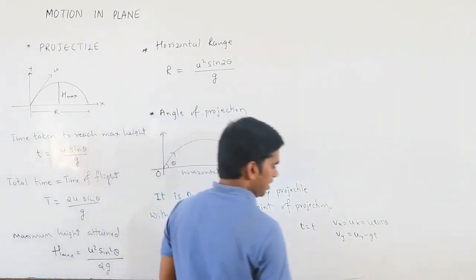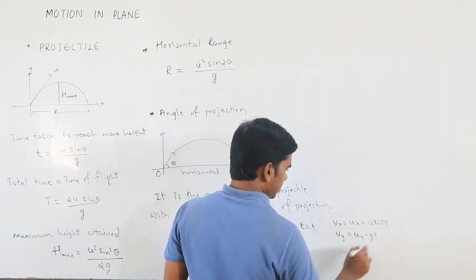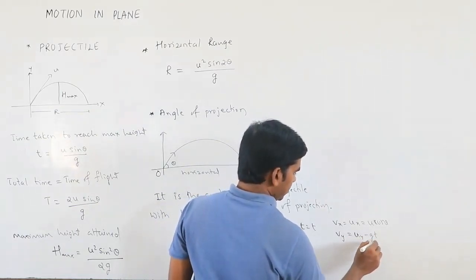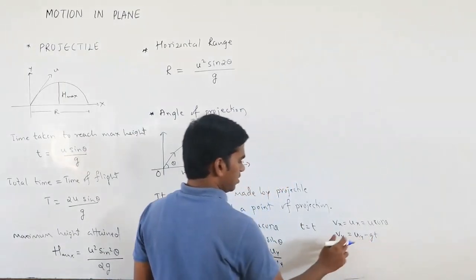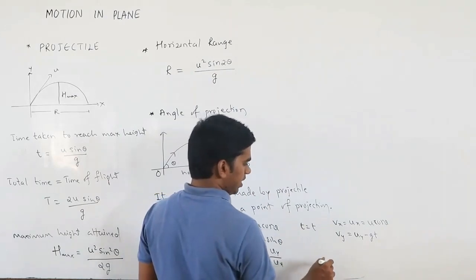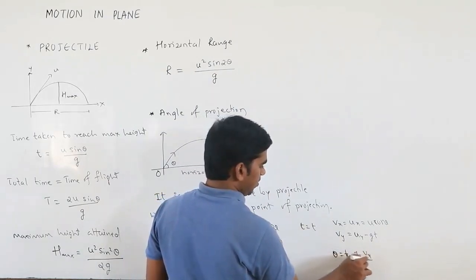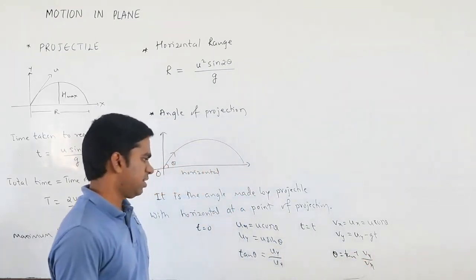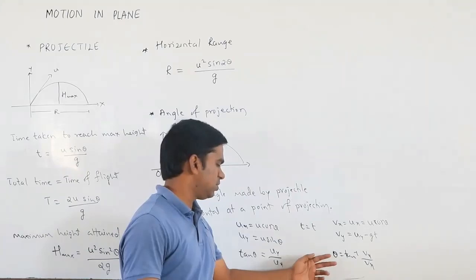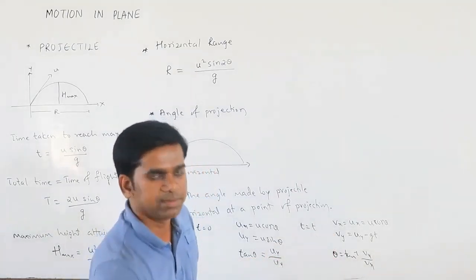Here also you can write minus gt. You can substitute the value of t over here, or simply you can say again tan theta equals, theta equals tan inverse of vy by vx. For that, you should be able to find the vy or something.